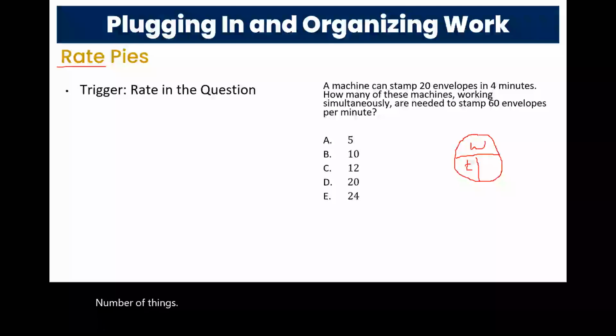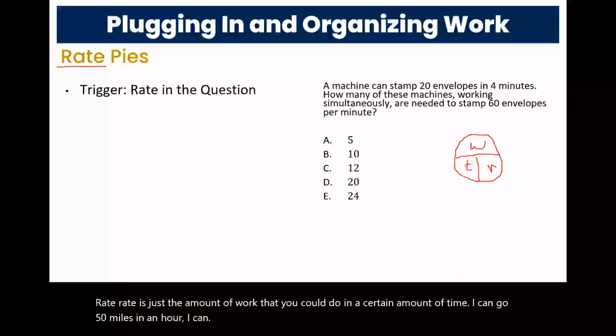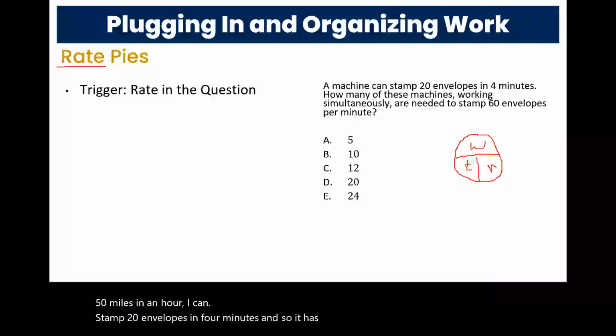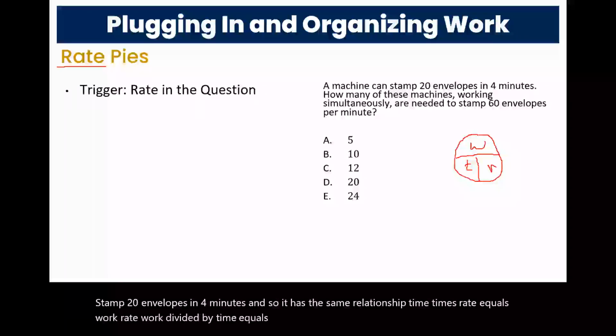Rate. Rate is just the amount of work that you can do in a certain amount of time. I can go 50 miles in an hour. I can stamp 20 envelopes in 4 minutes. So it has the same relationship. Time times rate equals work. Work divided by time equals rate. Work divided by rate equals time.